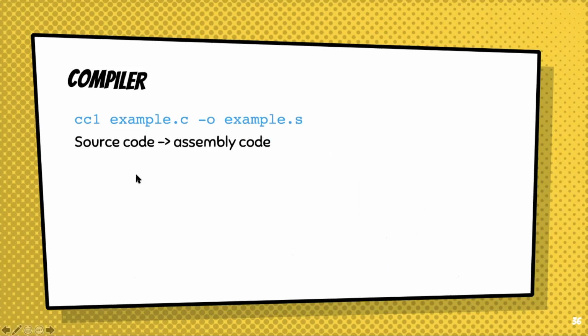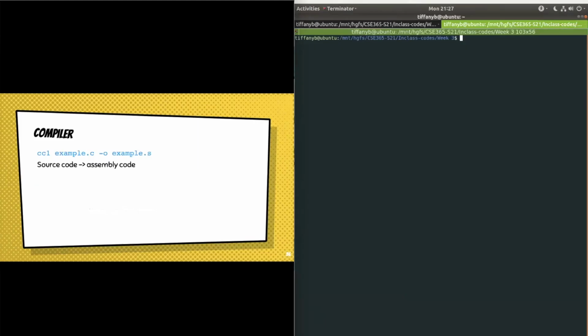All right, so the first is the compiler. Let me see if I can share my screen with you with both the slides and the Linux operating system. Just give me a second. Start with the compiler first.